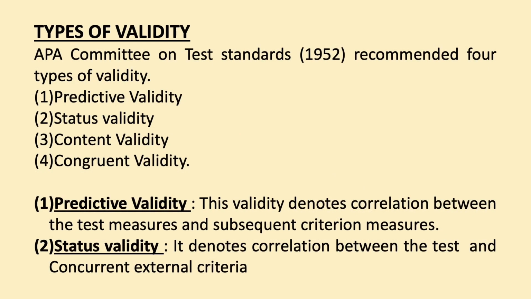Status validity denotes correlation between the test and concurrent external criterion. Concurrent means criterion available at the same time, simultaneously. You have given a test, and the criterion is available to you. It is called status validity.